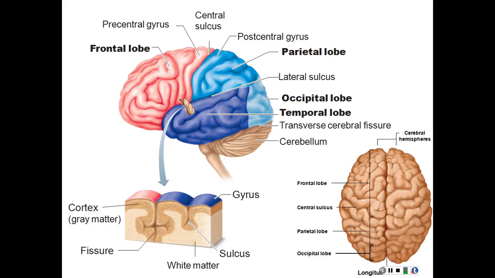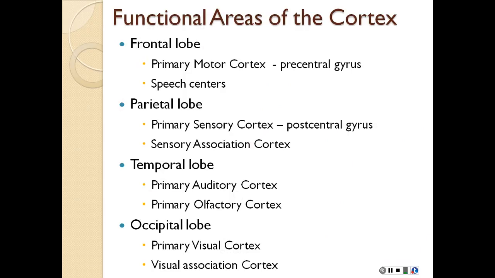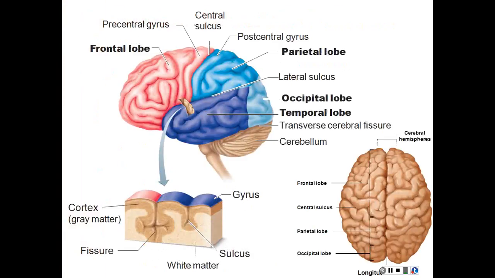And this picture also shows you the difference between a sulcus and a fissure. So you see the fissure is deeper than the sulcus. Any questions? Oh, one other thing to point out there. What do we say about the distribution of gray versus white matter? So gray matter is on the outside, and that part of the cerebrum is referred to as the cerebral what?